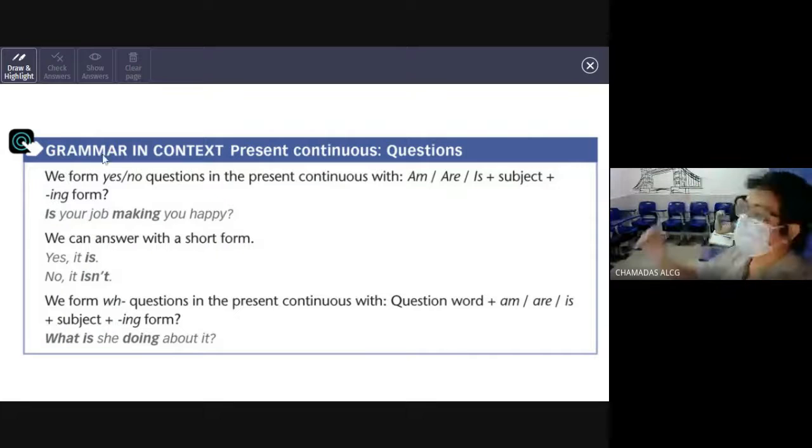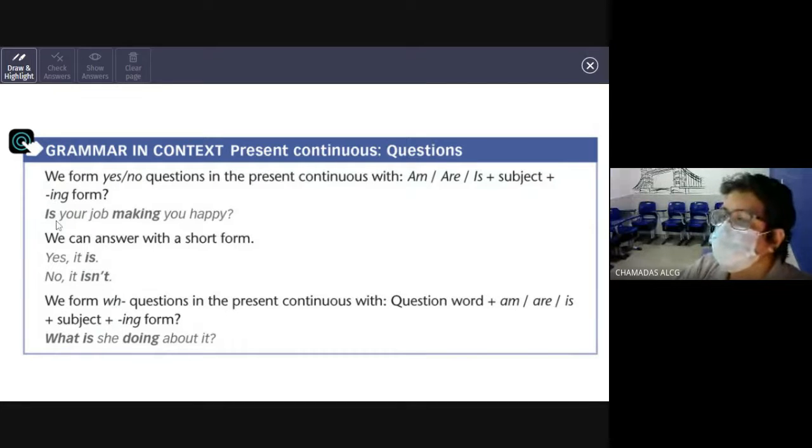We form yes, no questions in the present continuous with am, are, or is plus subject plus ing form and then the question mark. Okay? The verb to be is in the beginning for yes, no questions.